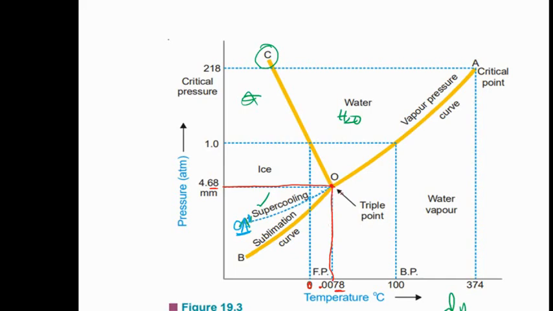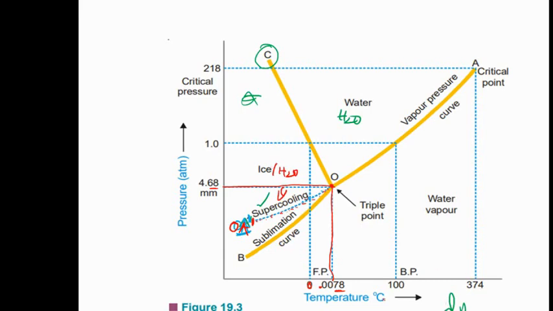This point is called the triple point. And OA passes through the metastable state; it can be reverted back by adding some ice in the solution. So these are the four types.